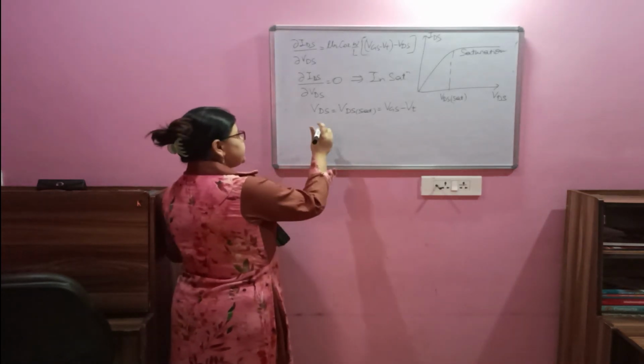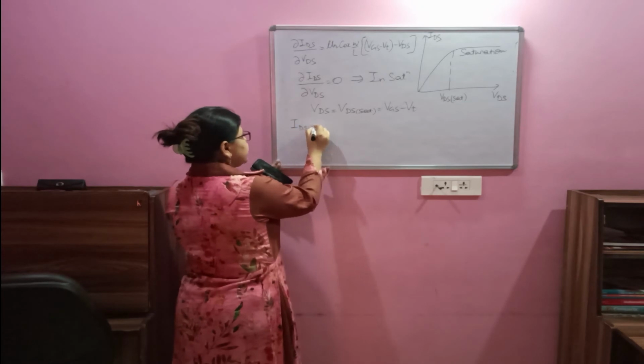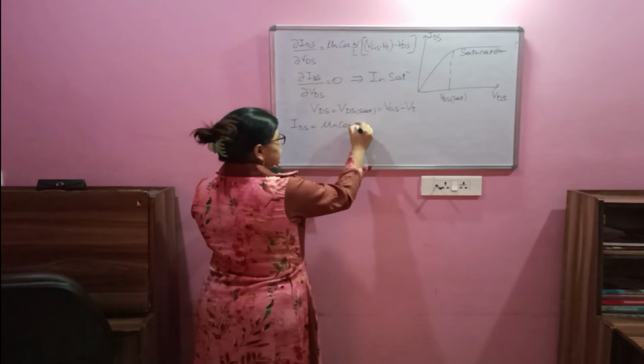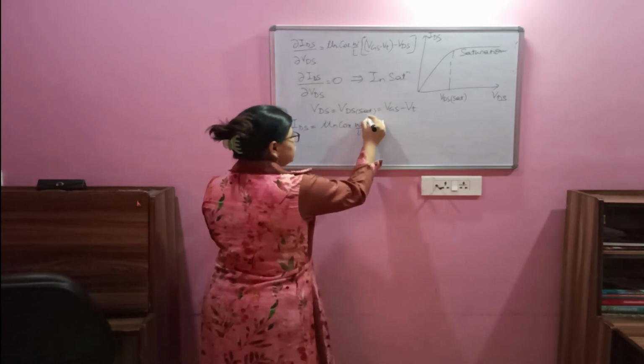So when we place this value in the current equation, the current equation in the linear region came out as this. I am rewriting it.